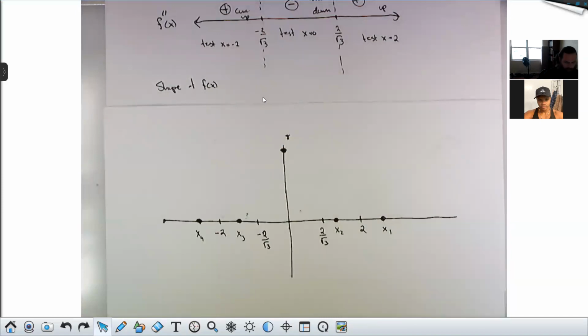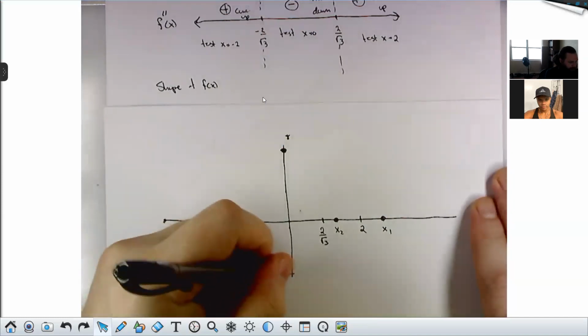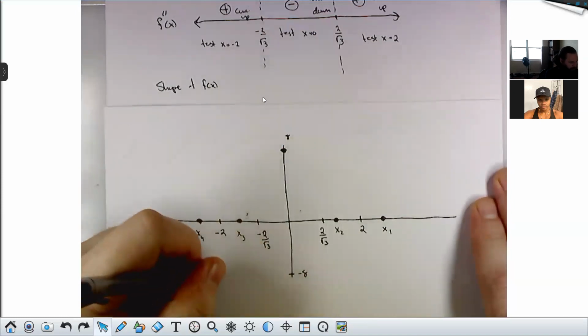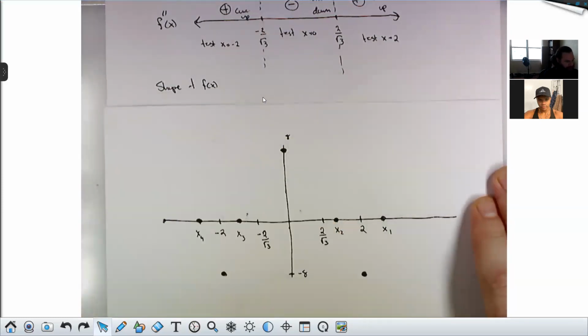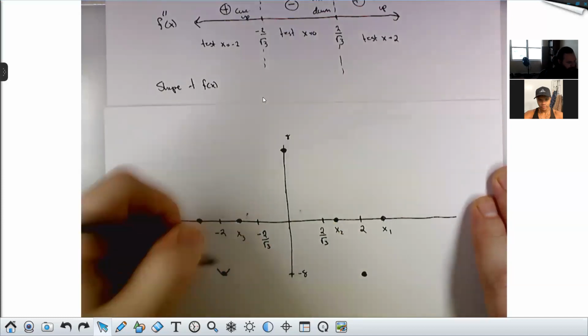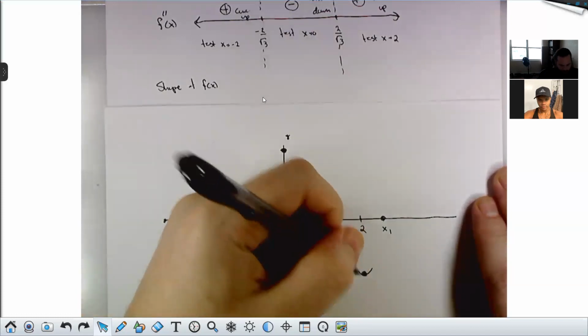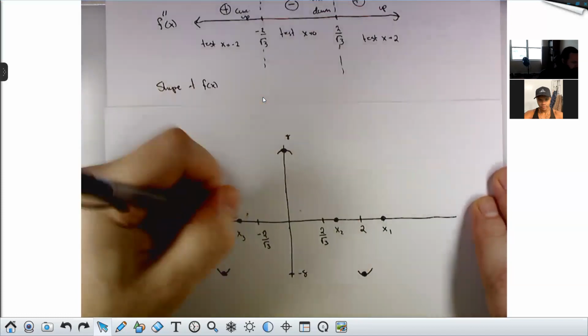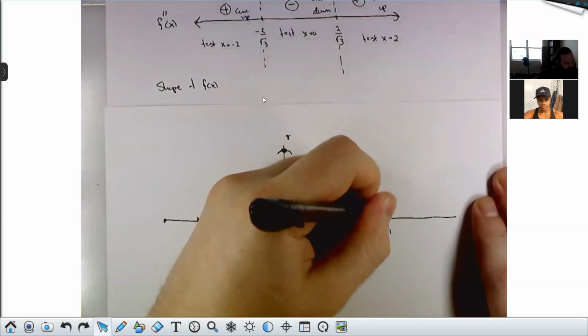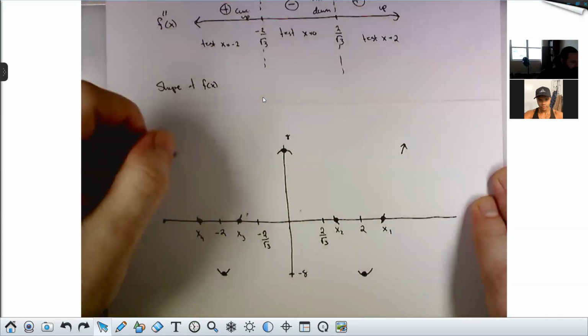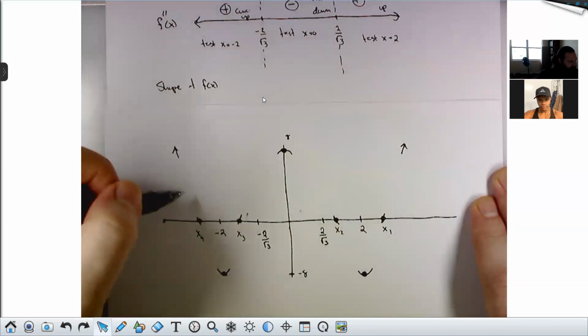All right, I think we are ready to do this, lads and ladies. We can draw our picture now. -2, -8 was the point on the graph here. And +2, +8 was the point on the graph here. So we know that we have a min here and a min here and a max here, x-intercepts here and here, here and here, and we know our end behavior is up on both sides.